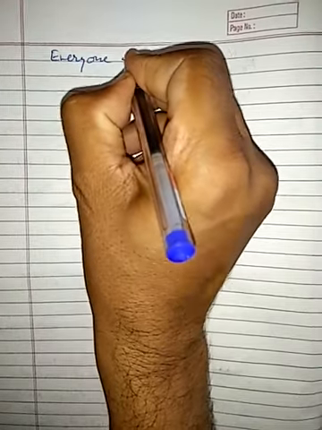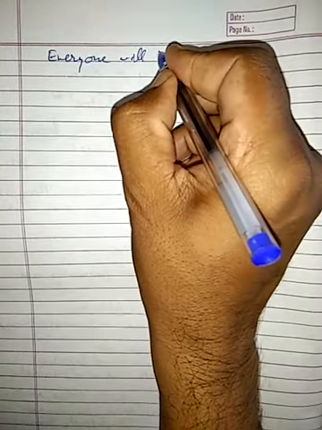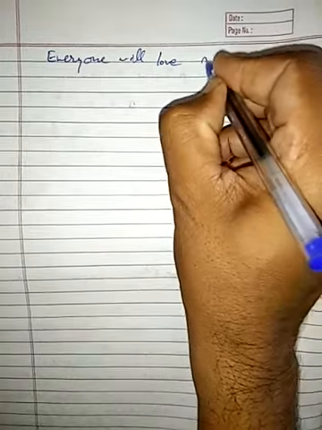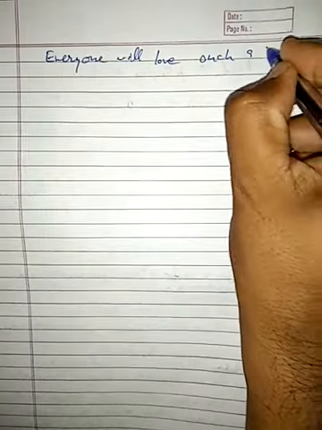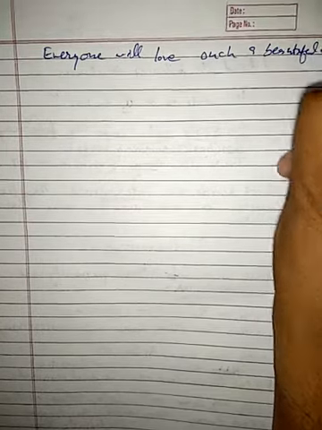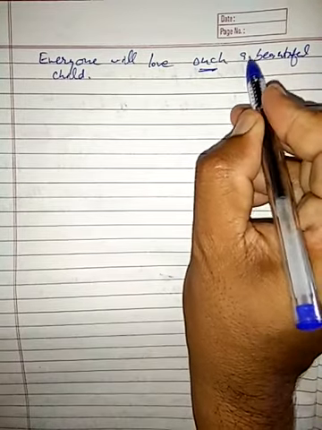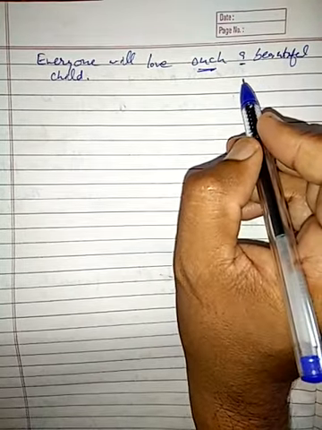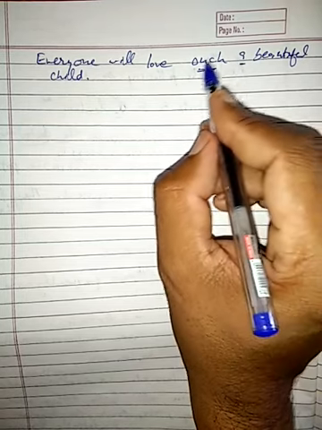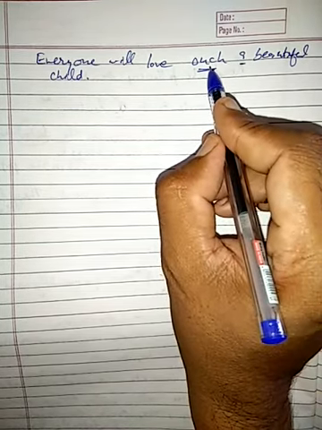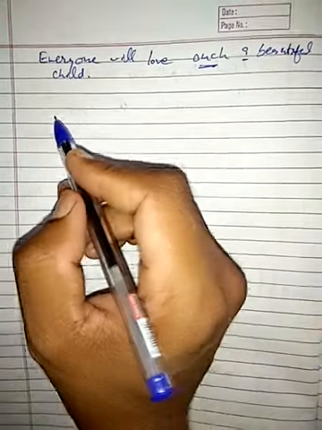Everyone will love such a beautiful child. So here a is itself a determiner, so such is a predeterminer.